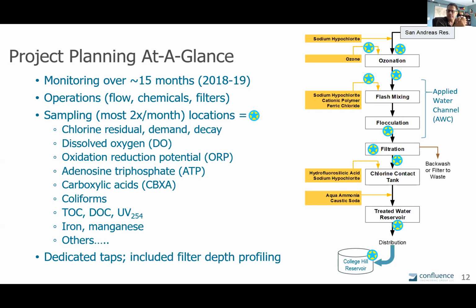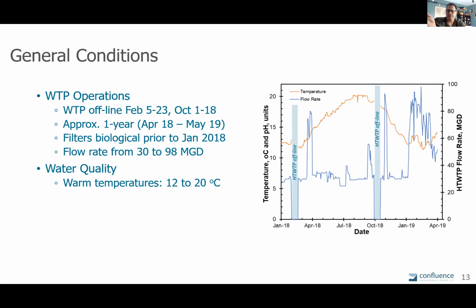I'm going to get into a couple of slides showing some general conditions. I'll just orient you to the figure on the right. You see a couple of y-axes. On the left is temperature and pH, and on the right is the flow rate. So the vertical blue bars show a couple of times when the plant was actually shut down, in February and October of 2018.